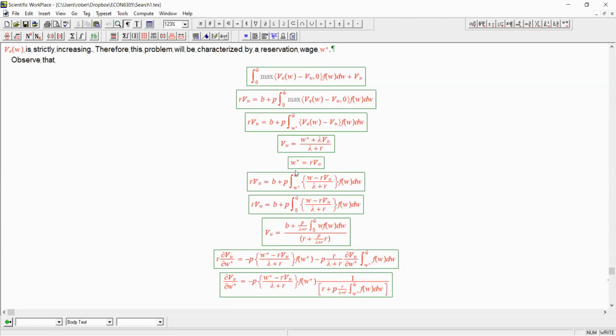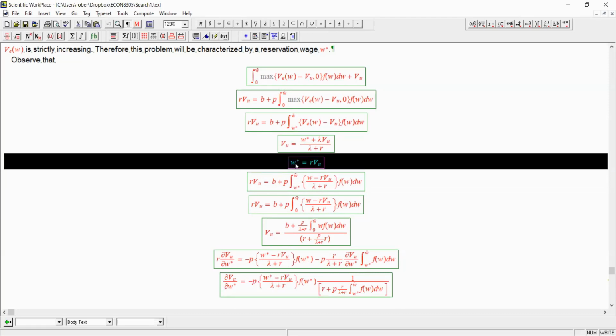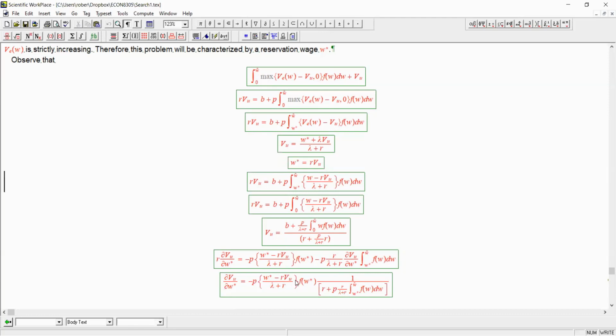If we are below the reservation wage, then since we know that this thing is an increasing linear function, this is going to be a negative number, because remember, the line VU started above this line.